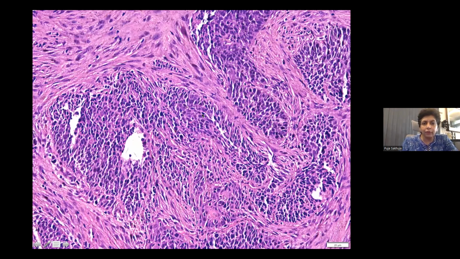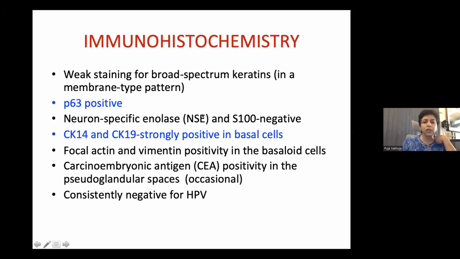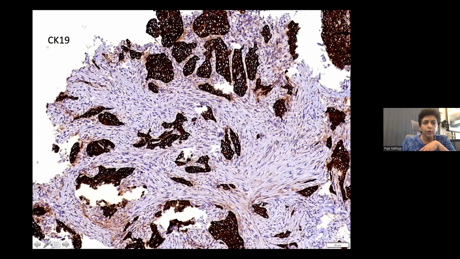And these we can confirm will be P63 positive like SCC, but in addition, they show CK19 and CK14 immunoreactivity, and they usually have a worse prognosis. So it is important to be able to pick up these and confirm by IHC and give the correct diagnosis in such cases. So this is a CK19 stain, which will not be positive in the routine SCC. It will only be positive in these nests or trabeculae of tumor cells.